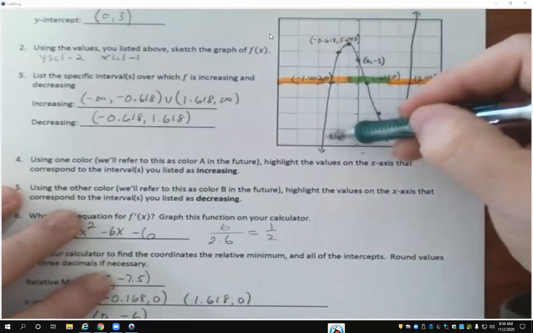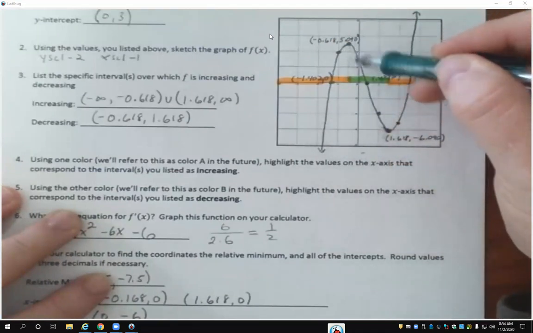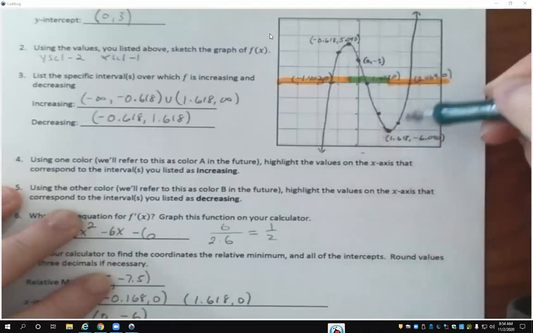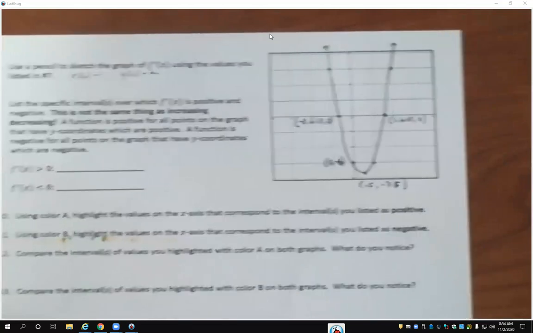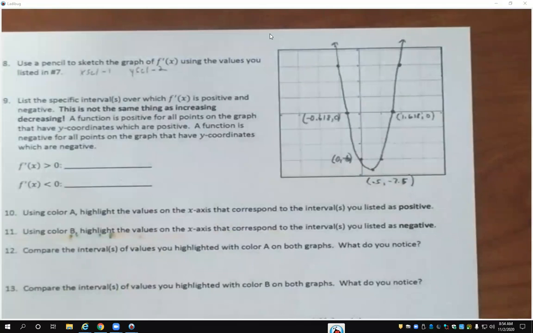Because you recall we talked about we're increasing, so we're positive, we're decreasing, so we're negative, and we're increasing, so we're positive. I went ahead and again sketched the graph of the derivative. Again, the x scale is 1 and the y scale is 2.